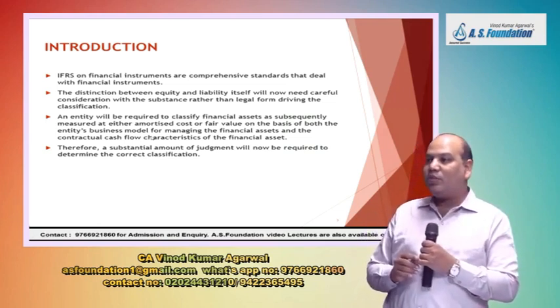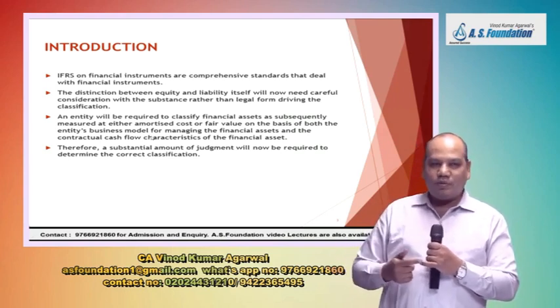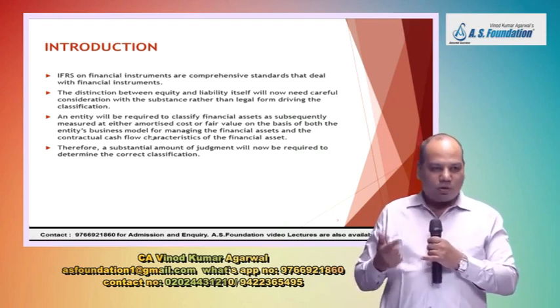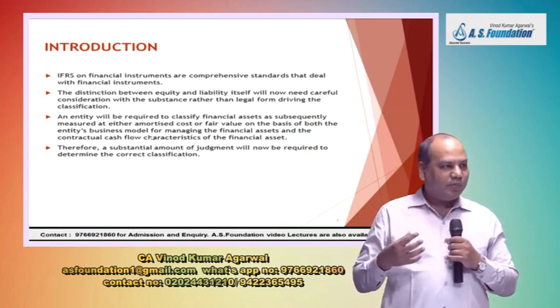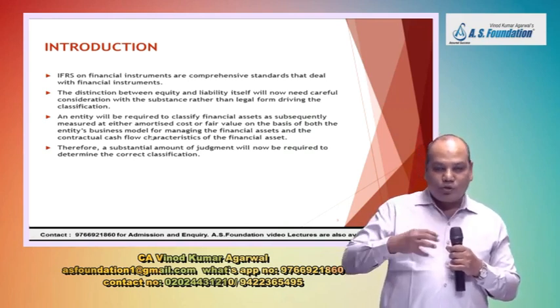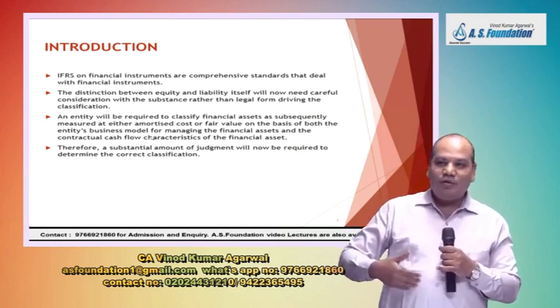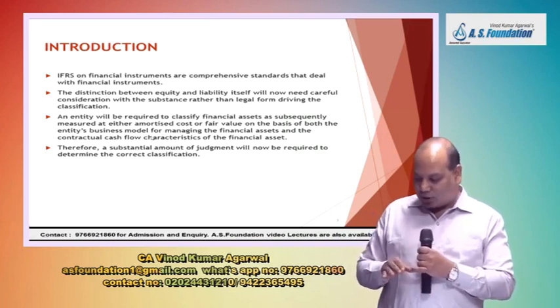Financial assets measured at fair value through P&L account. And financial assets measured at fair value through other comprehensive income. Seems a little complicated at the beginning. Whether an instrument will go as FVTPL, FVTOCI or amortized cost, that also we will learn.